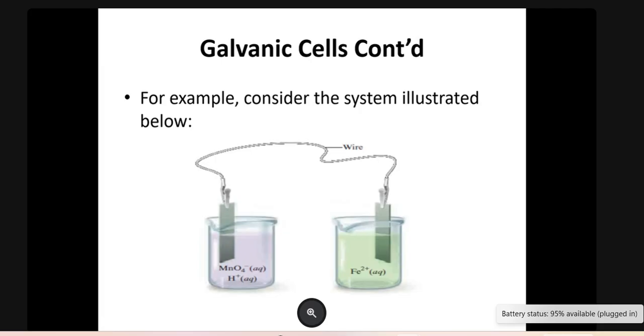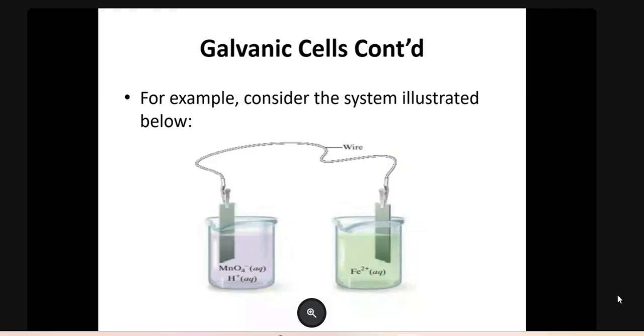Usually zinc loses two electrons. So we have Zn2+ plus 2 electrons. This is what's happening on the side where it's losing electrons.